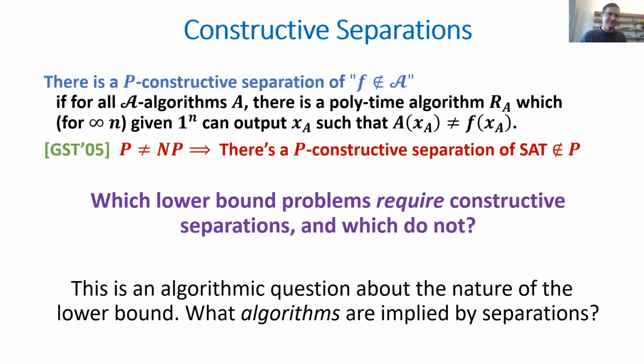Note that this is an algorithmic question about the nature of the lower bound involved. When we say a lower bound is P-constructive, we're claiming the existence of an algorithm that solves a certain problem, namely the search problem of finding this bad input. So we're asking what algorithms are being applied by these lower bounds, these complexity class separations.